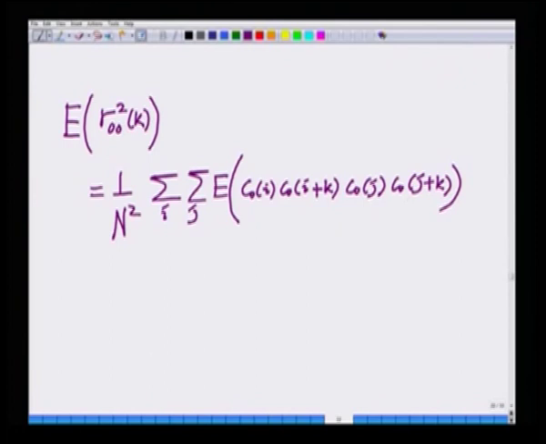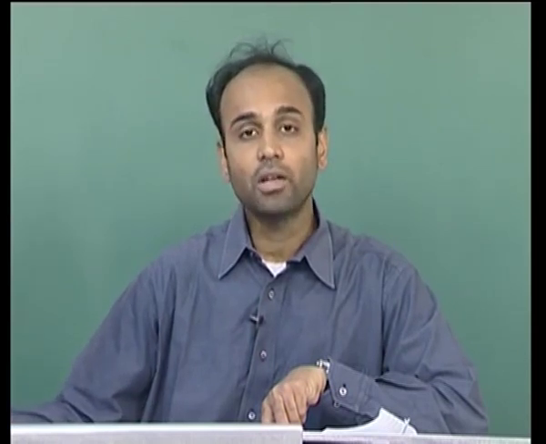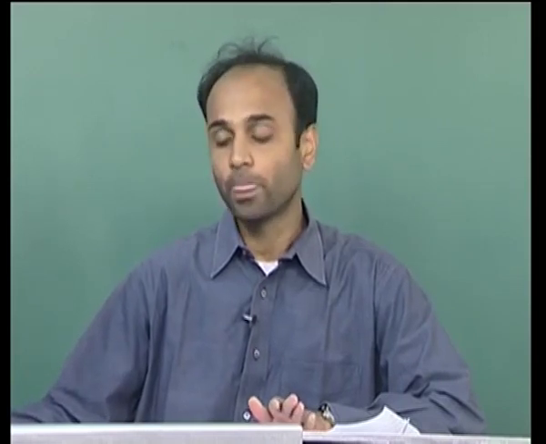Now, if i is not equal to j, then these chips are independent. We said C_0[i] is independent of C_0[j] when i is not equal to j, hence the expected value is expected C_0[i] times expected C_0[j] and so on.